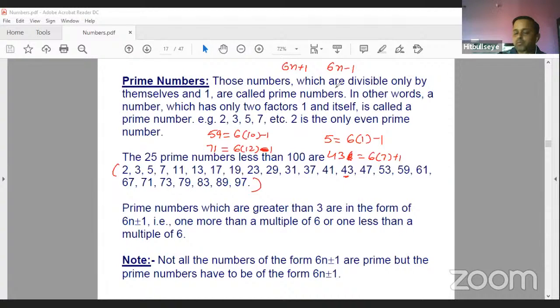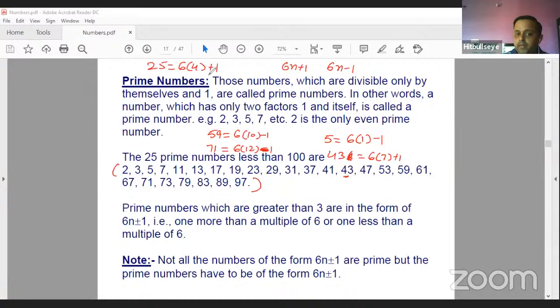We all know that 25 is not a prime number. 25 has factors 1, 5, and 25. So except 1 and 25, there is one more factor of 25. That factor is 5. So 25 is not a prime number. 25 can also be written as 6 into 4 plus 1.